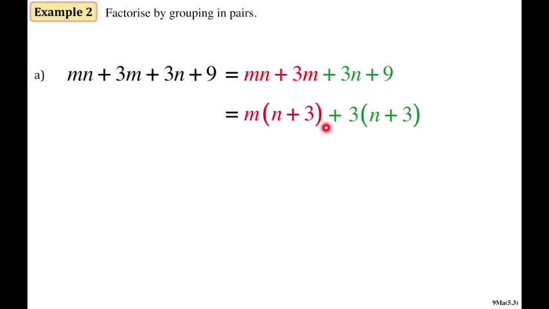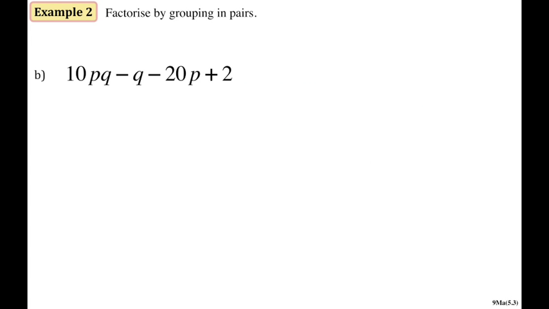They're separated by a plus sign, so I can take out that common bracket of n plus 3. What goes in the leftovers? m plus 3. And there's my final answer. That's called grouping in pairs. Here's another one. Let's see if we can group it in pairs.